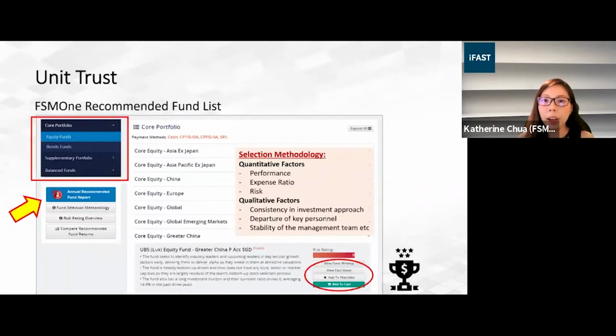Because there are thousands of unit trust investments, we have also created a list of funds, categorized by the different asset segments. The recommended funds are all chosen based on merit, not because they are sponsored or anything like that.